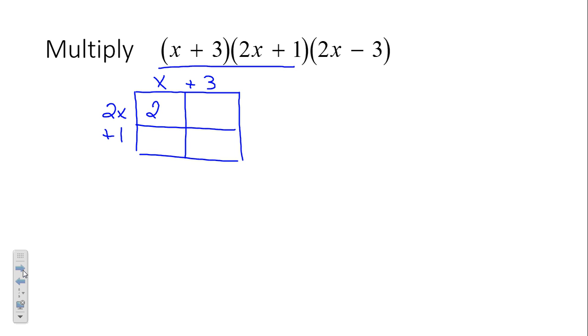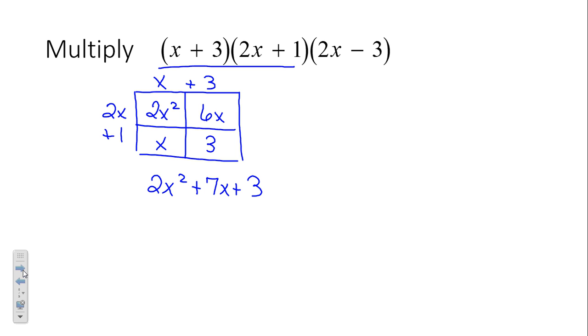So we'll get a 2x squared and a 6x, and then an x and a 3. So the first two binomials times each other ended up with a 2x squared. Here are my like terms, so 7x plus 3.